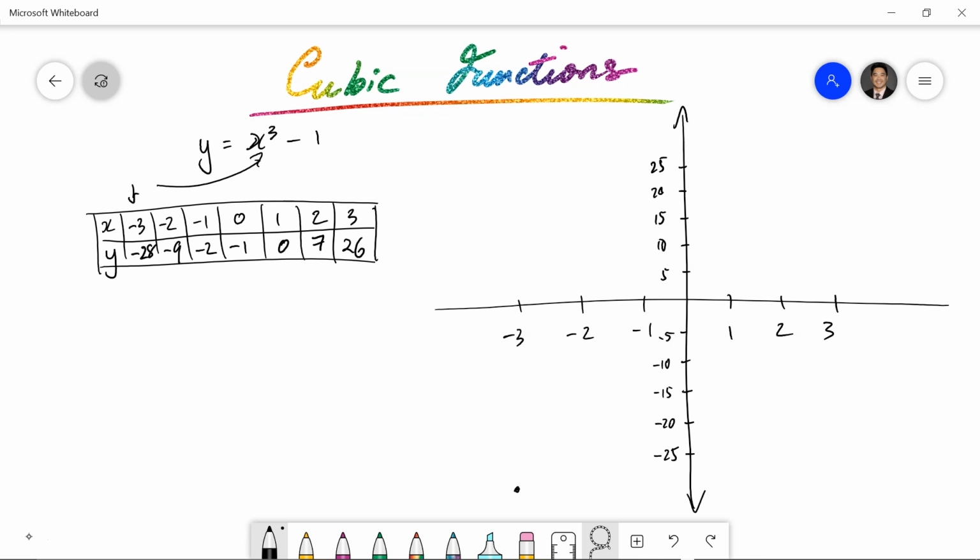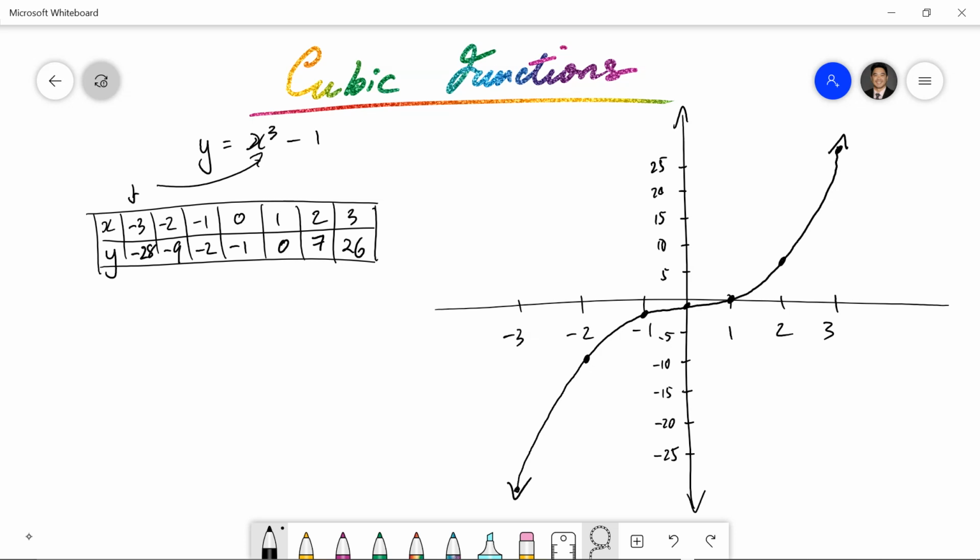I'm just going to put it there. -2, it's -9, so it's about there. -1 is at -2, so it's about here. 0, it's at -1. And at 1, it is at 0. Then 2, it's at 7. And 3, it's at 26. So what we'll end up having is our cubic function looking like that.